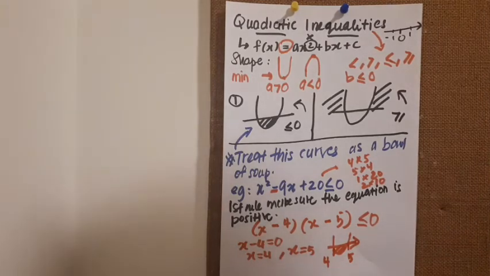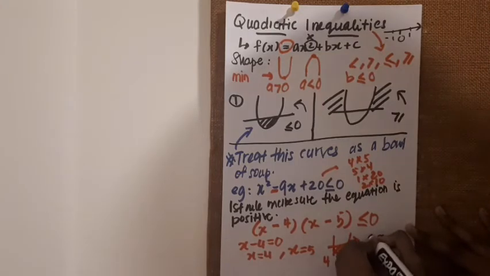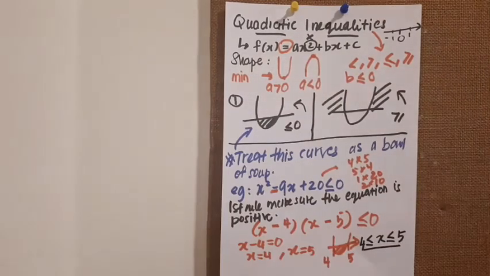So always the smallest number would be on the left hand side and the largest number would be on the right hand side. And mainly because this soup is contained inside the bowl, the x is also contained in between these numbers here.